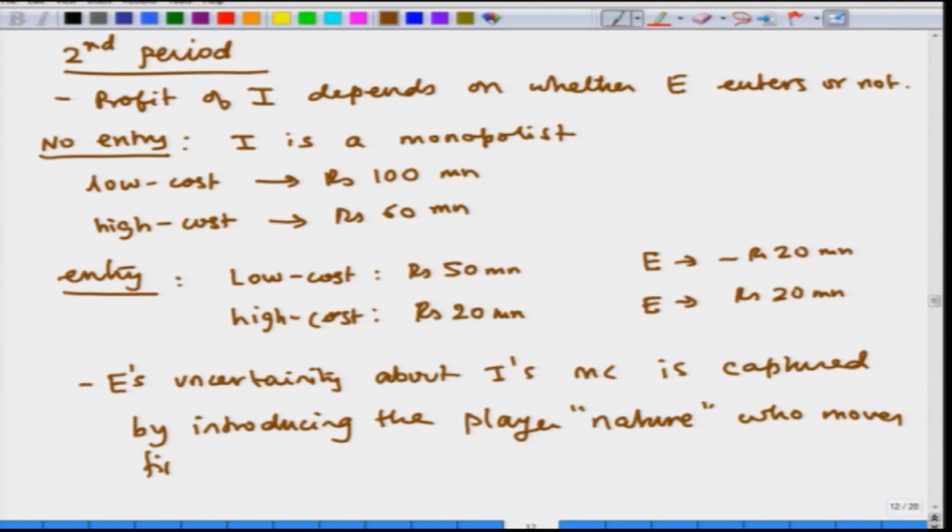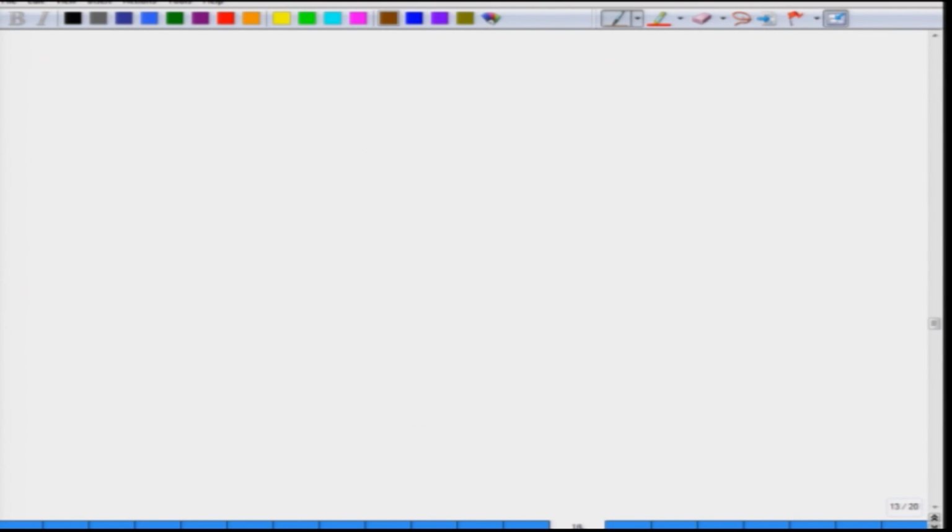Who moves first and chooses the cost of the incumbent firm. Okay. So, let's draw this. So, we have nature which moves first, and nature chooses the type of the firm. So, with probability 1 minus theta, it is a high cost firm, with probability theta, it is a low cost firm, right. So, at this node essentially it is I L, right. So, and at this node is essentially I H.